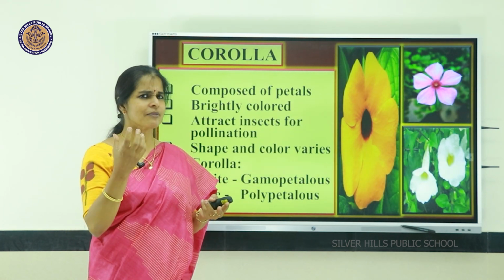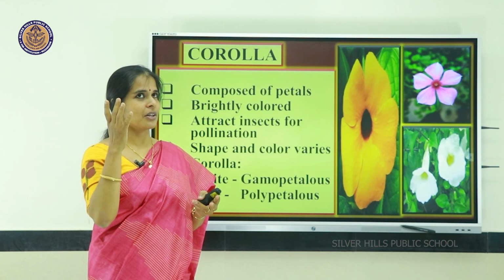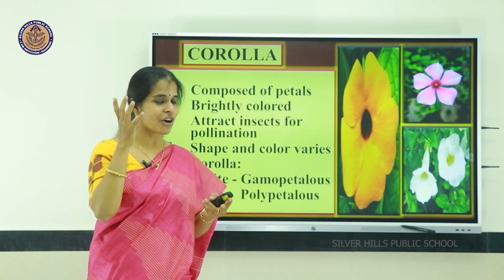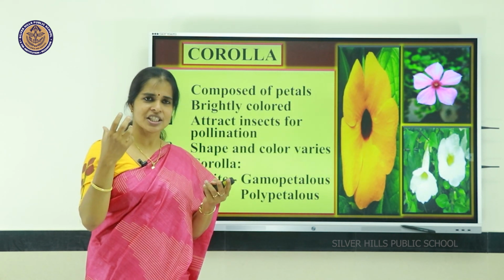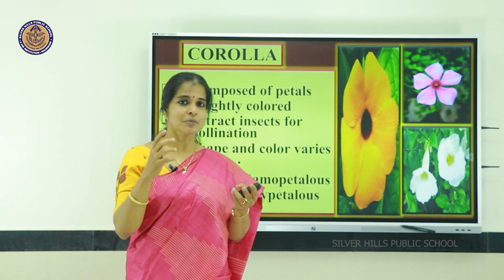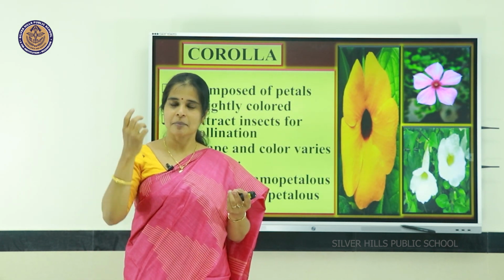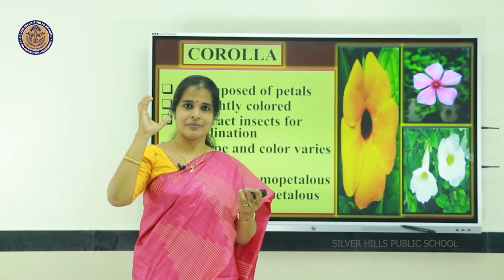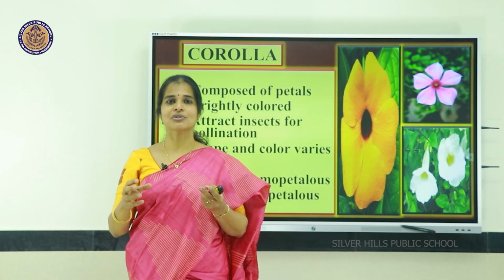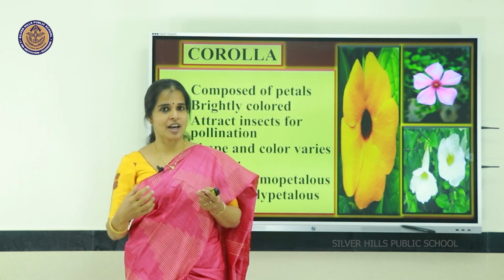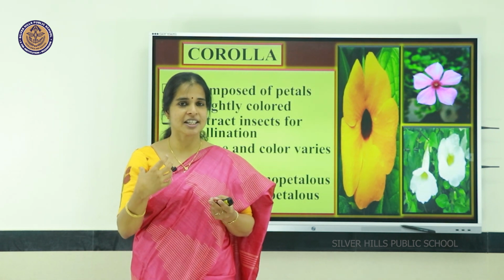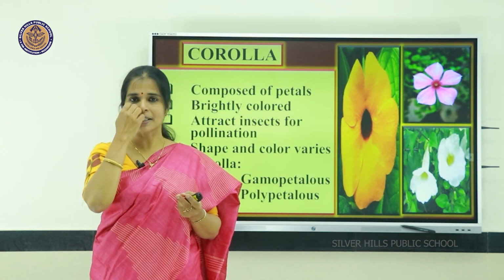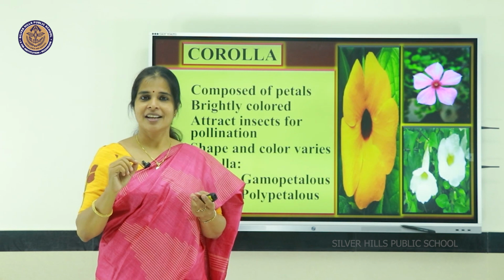That is why anytime when we see a flower, we remember rose, different colors of rose, na? The rose shape or other things we may not notice, but the color. If you see a sunflower, immediately the yellow flower, or if any teacher asks you to give an example for a white flower, immediately jasmine comes to you. What is coming? That is the color of the petal, isn't it?